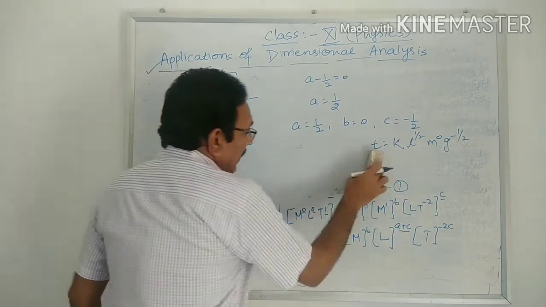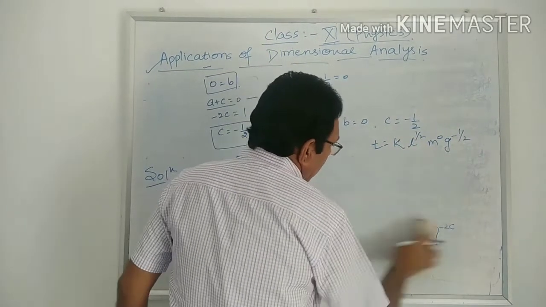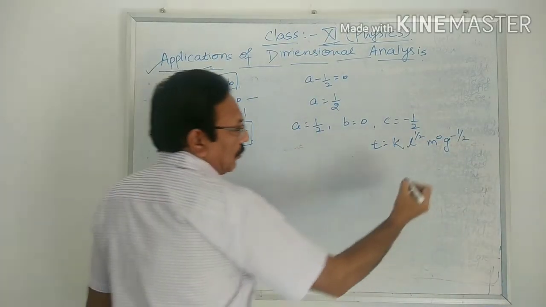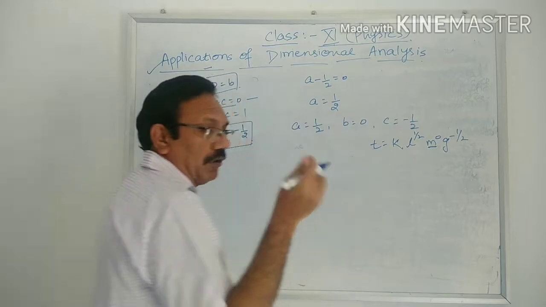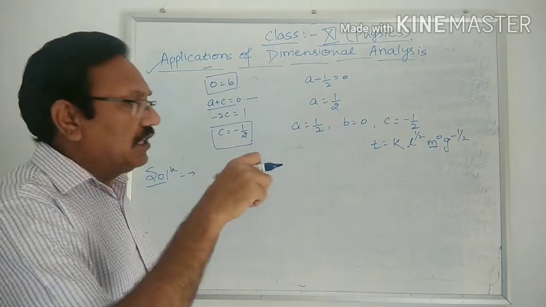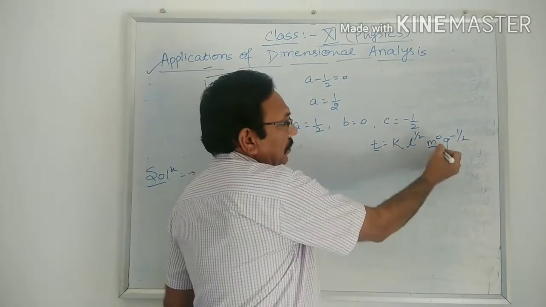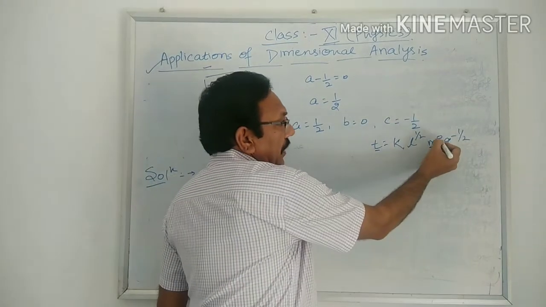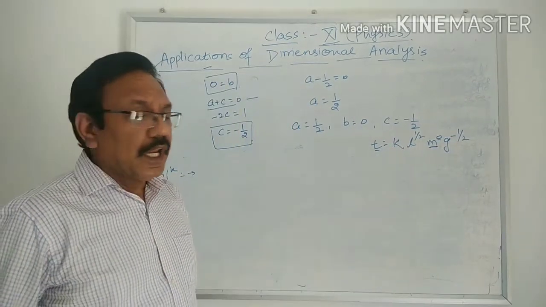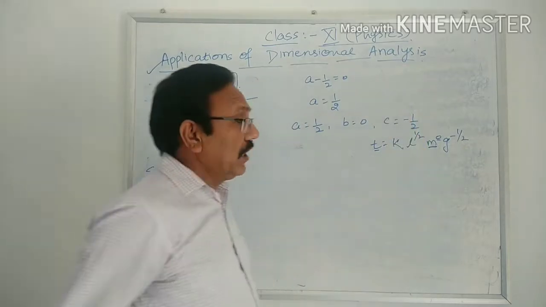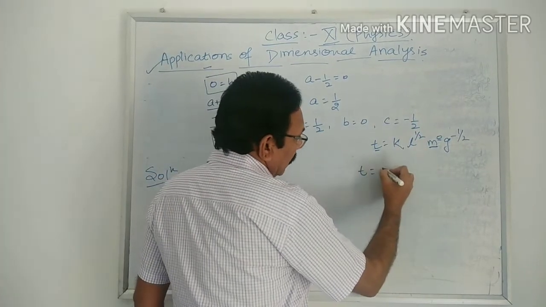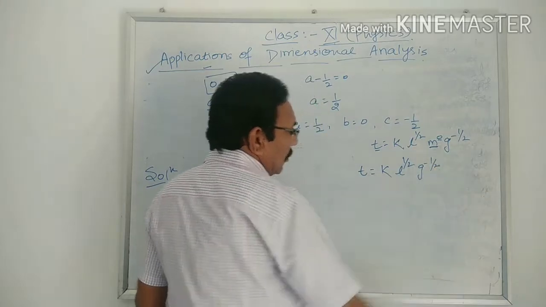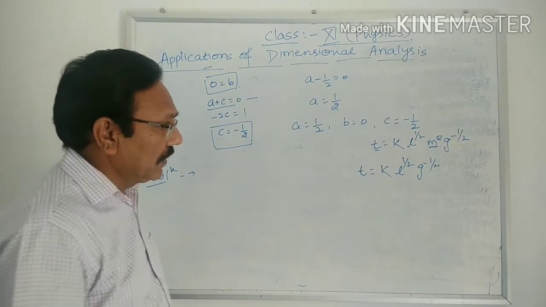Here we see that the time period of a simple pendulum does not depend upon mass. In the problem it was given that time period depends upon mass, but in the result we obtain the power of mass is 0. Any number raised to power 0 is 1. So T equals K L raised to 1 by 2, G raised to 1 by 2 with negative sign.